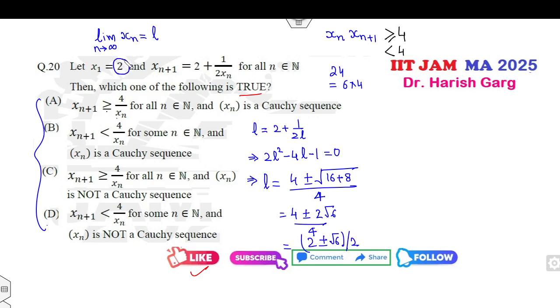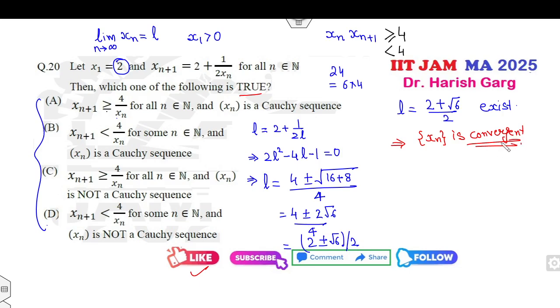Now because x1 is positive, fine, so the value of the L will be 2 plus root 6 by 2. That means limit exists. What does it mean? That means sequence xn is convergent. Fine.